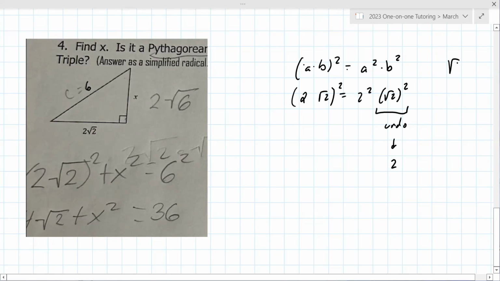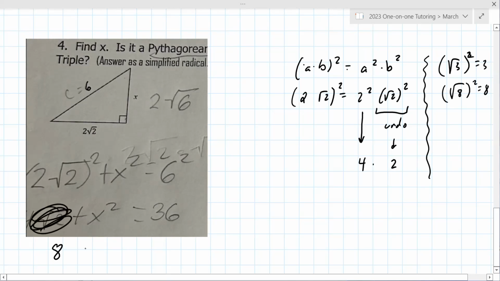Like the square root of 3 squared is 3, the square root of 8 squared is 8. Whatever's under the root is what you get. So we're bringing this 2 squared down. That's 4. 4 times 2 is 8. So this right here should be 8 plus x squared equals 36.